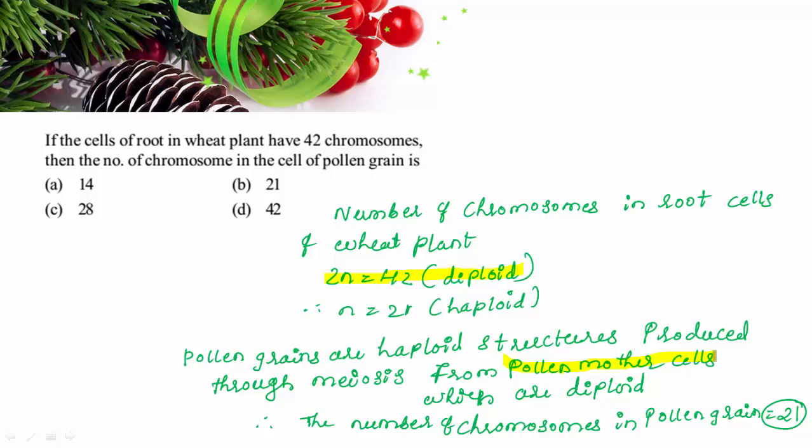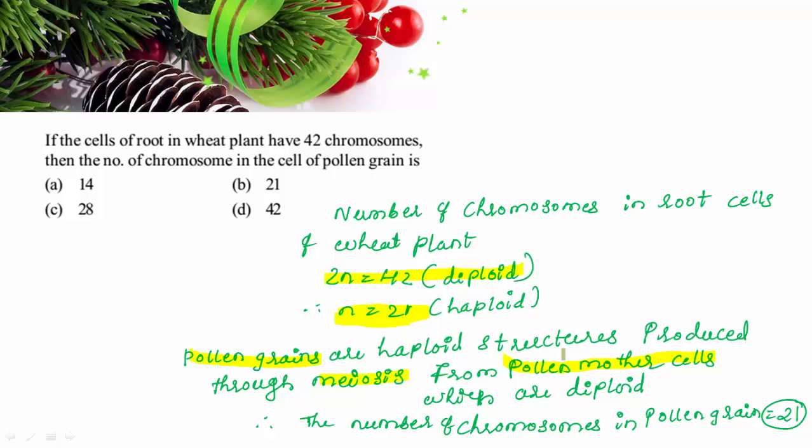So what is the number given? It is the diploid number 42. The same number of chromosomes are present in the pollen mother cell. When pollen mother cells undergo meiosis, they produce pollen grains. Therefore, the number of chromosomes in the pollen grain becomes haploid.